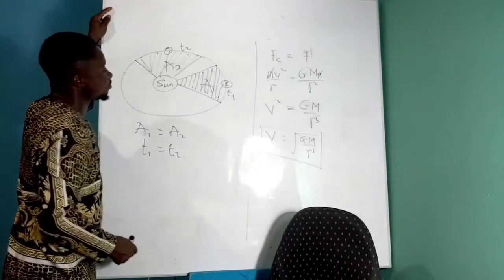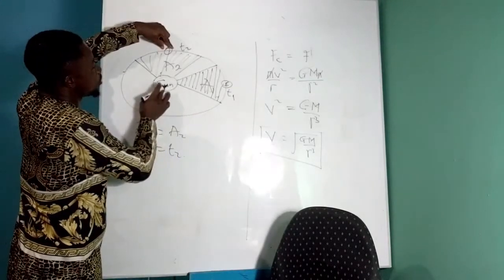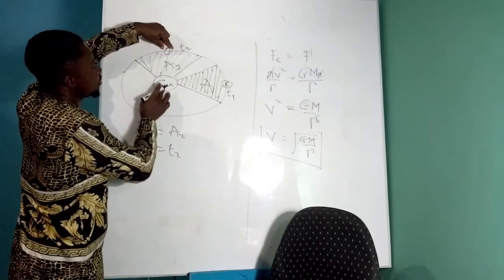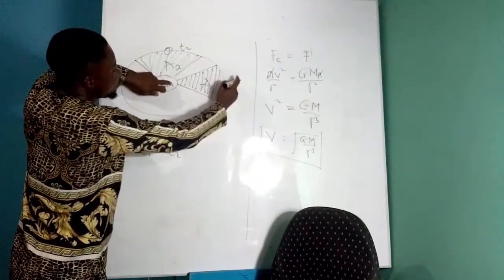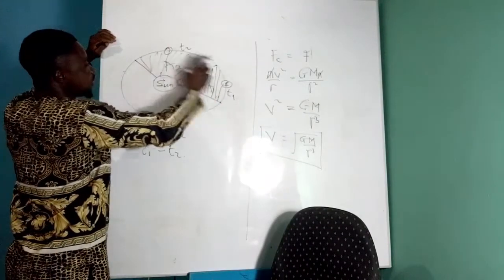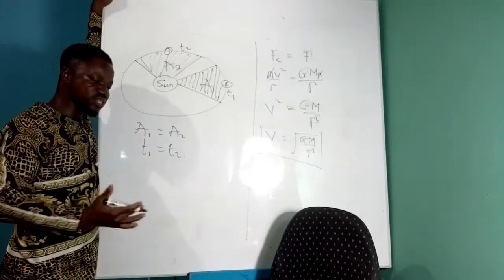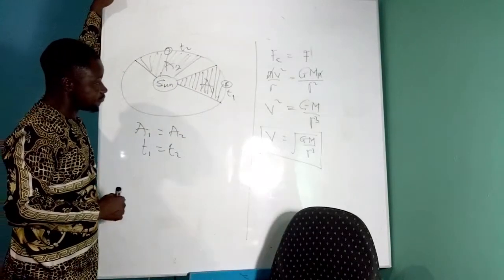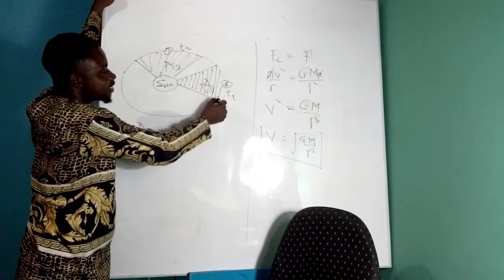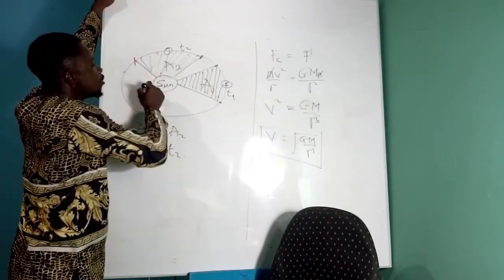So let's look at this. At this point, the planet is closer to the sun. At this point, the planet is far away from the sun. So if this area is equal to this area, then this time is also equal to this time. What is the meaning of this? When you look at this critically, the distance from here to here is smaller than the distance from here to here.